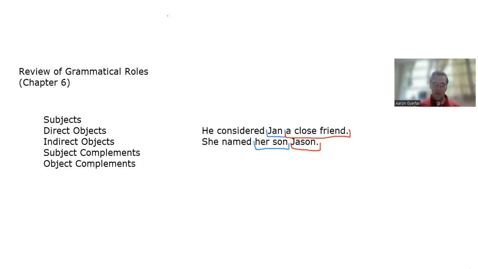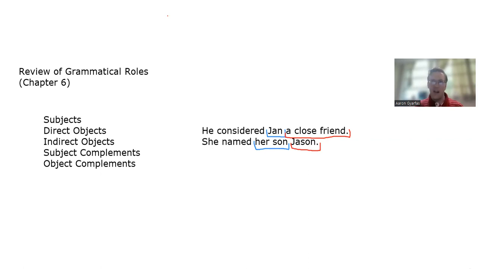And because the complement is related to the object, it's an object complement. Jan is the direct object. Her son is the direct object. What refers to the direct object is the complementary noun phrase, a close friend or Jason.